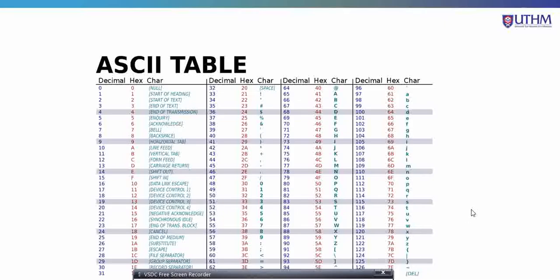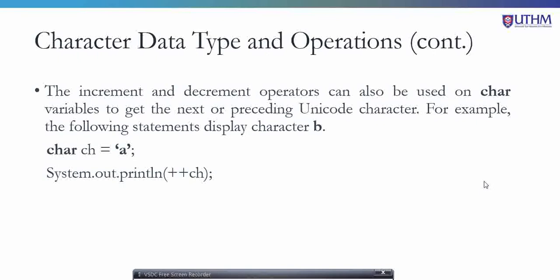We move on to next one. Still character data type. The increment and decrement operators can also be used on char variables to get the next or preceding Unicode character. For example, the following statements display character B. So in Java, I'm not sure in C, we can or not, but in Java we can put the plus plus operator.